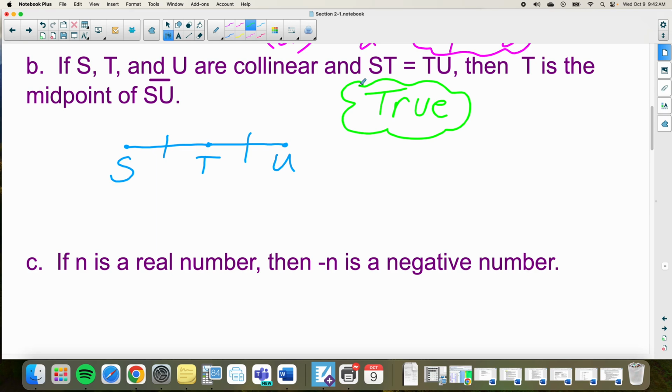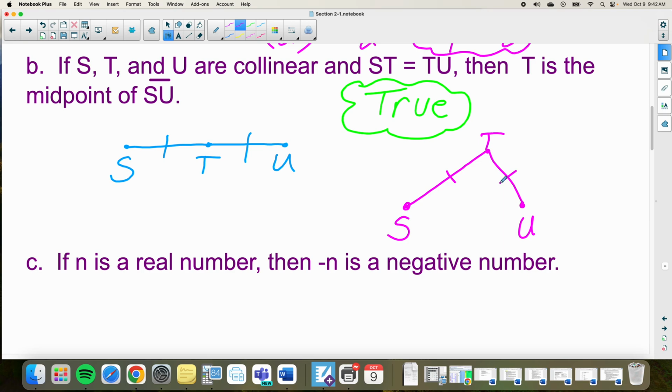after the break. The part that says collinear is necessary here for this to be true. And it's kind of a trick question, but if S, T, and U are not collinear, it can look like this, ST and TU are equal, but T is not the midpoint, okay?